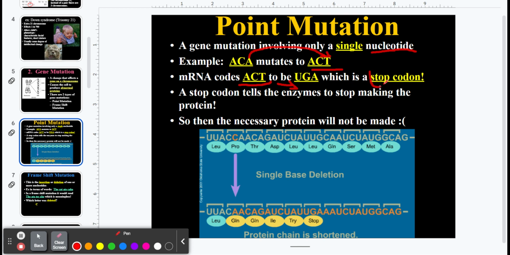So anytime you see this word stop, what that tells us is that it is going to stop the making of any amino acids and therefore the stopping of any proteins. So instead of this just being one little spot on our amino acid chain and creating a lovely protein, suddenly we're being told, nope, you're done, you're done, you're done. And so the actual protein never gets made.